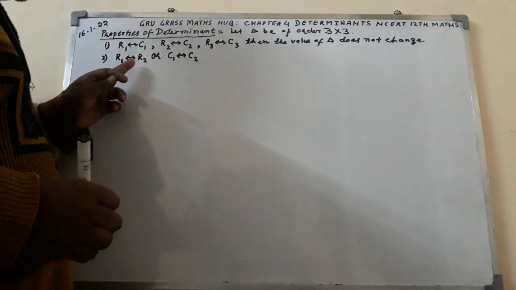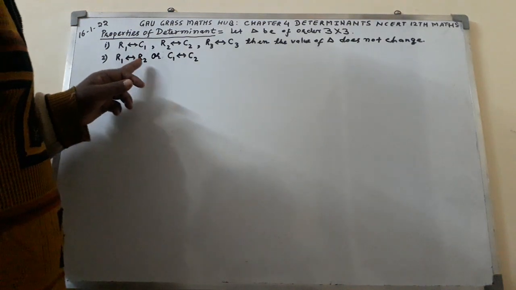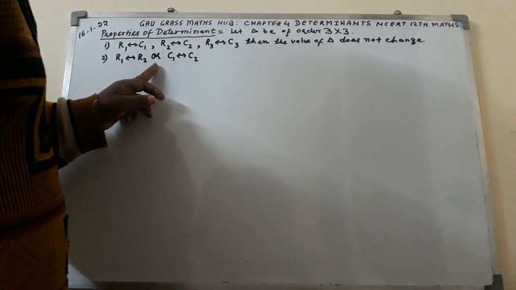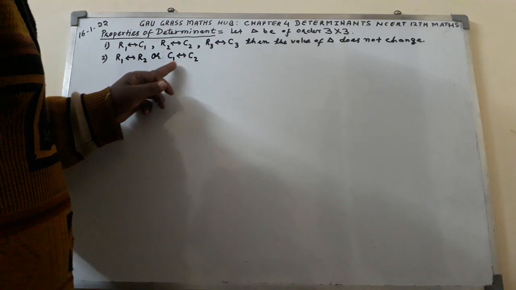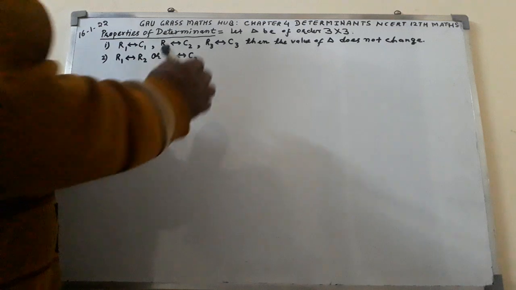The first row is interchanged to the second row, or the first column is interchanged to the second column.